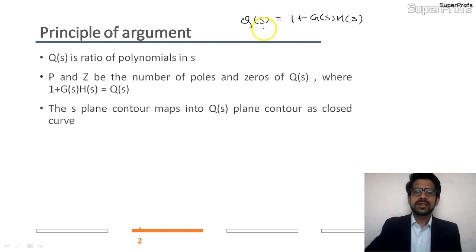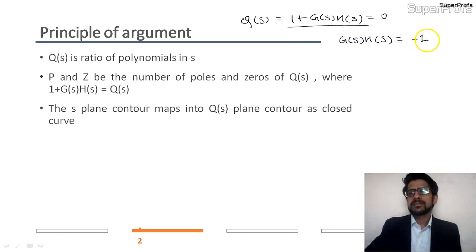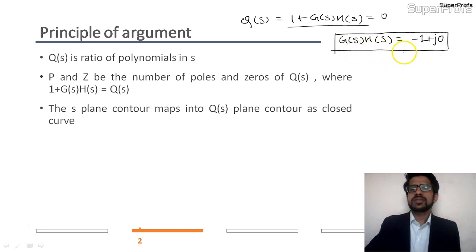For Q of S, the origin was 0, but for a system like this, if you equate it to 0, my origin will be minus 1 plus J0. So just remember, for G of S H of S, the origin is nothing but the point minus 1 plus J0. So this is what we are looking at.